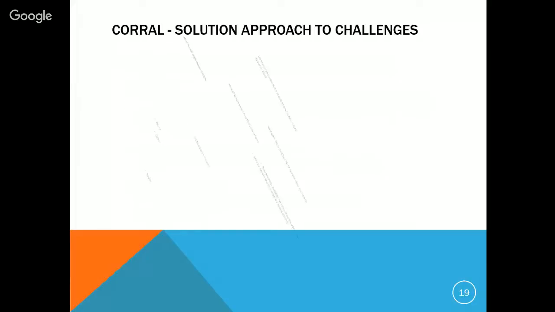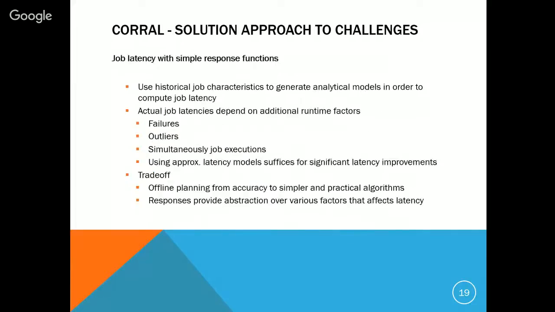What is the third challenge that we're talking about? It's job latency with simple response functions. So what do we do here? In order to characterize job latency, the first approach, which is the first bullet, talks about using historical job characteristics to generate analytical models to compute job latency.